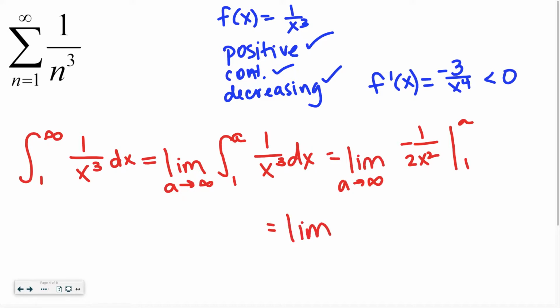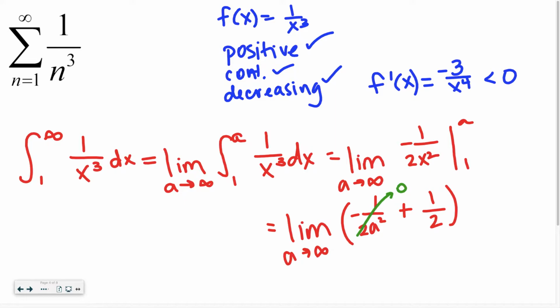So we have the limit as a approaches infinity of negative 1 over 2a squared minus negative 1 over 2 times 1 squared. Well, what does a go to? If a goes to infinity, what's this limit right here? It means it's 0.